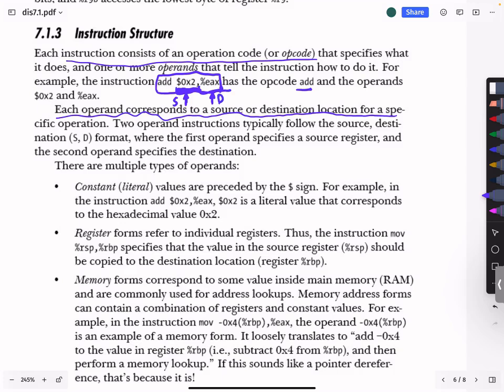So what this is essentially saying is take this value as the source and add it into that destination, so that the source register is not affected. Its value is copied and then added into this, so that whatever was here is incremented by whatever is over there. So the point is just that instructions tend to have either a source or a destination or both, and in this system, we use the pattern of always writing the source, then destination.